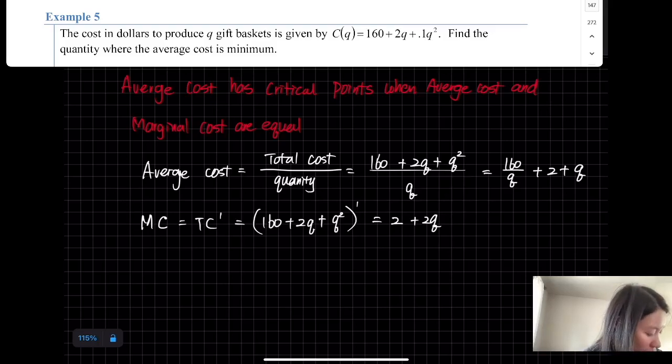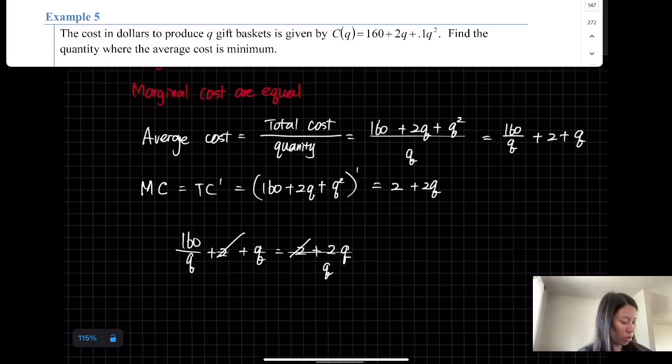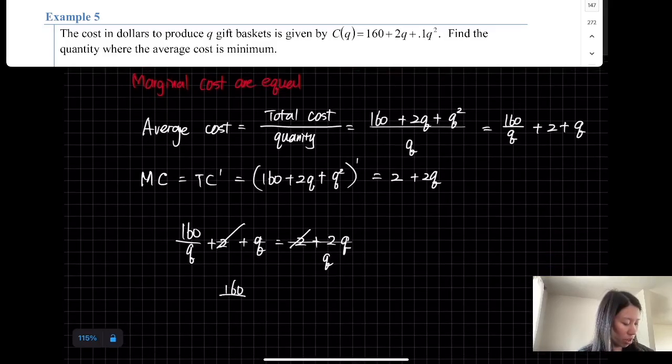Okay, so the average cost, 160 over Q plus 2 plus Q, equals 2 plus 2Q. When we simplify, I have the 2 cancel and subtract 1Q. So I will have 160 over Q equals Q. That means 160 equals Q squared.